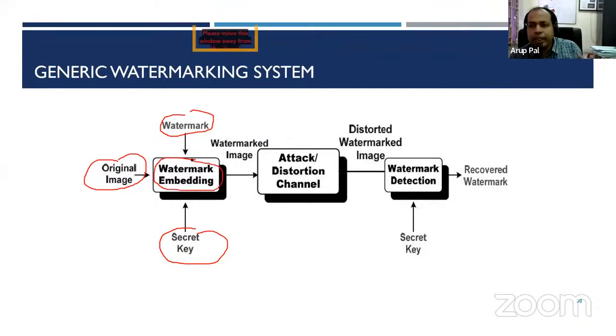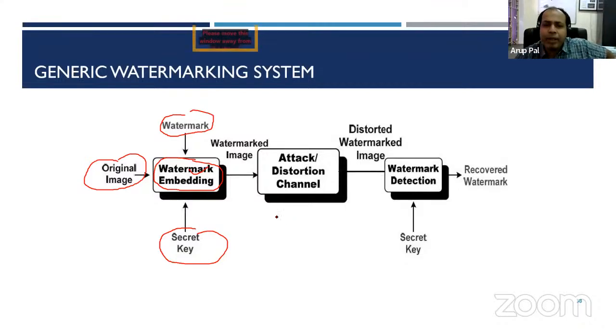Yes or no? Because you know there is a trade-off. If you embed more watermark bits, the image quality will be degraded. And if you use fewer watermark bits, then it will come under security threats. So that is your challenge: how to design a more robust watermarking scheme. And here the main contribution will be your watermark embedding process, with the intention that your visual quality will be as good as possible.